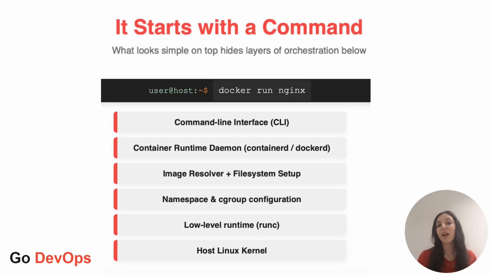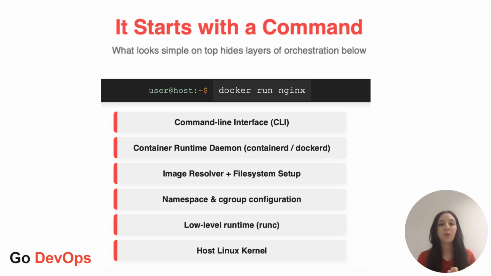So let's start where everything begins: the command. When you run a container, it looks as simple as typing this command that we see, docker run nginx, in your terminal. But behind the straightforward command lies a multi-stage process happening on the host. The single line doesn't just start a container, it signals the host to perform a series of actions, from pulling the image to setting up the runtime environment and applying security boundaries.